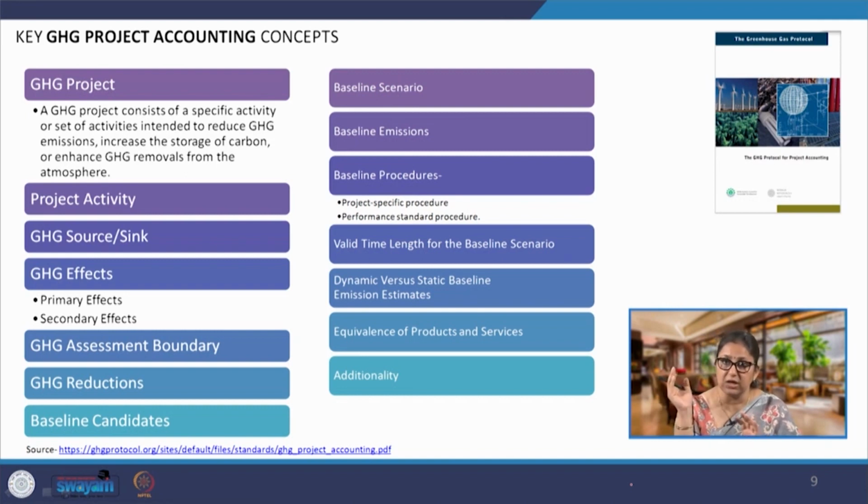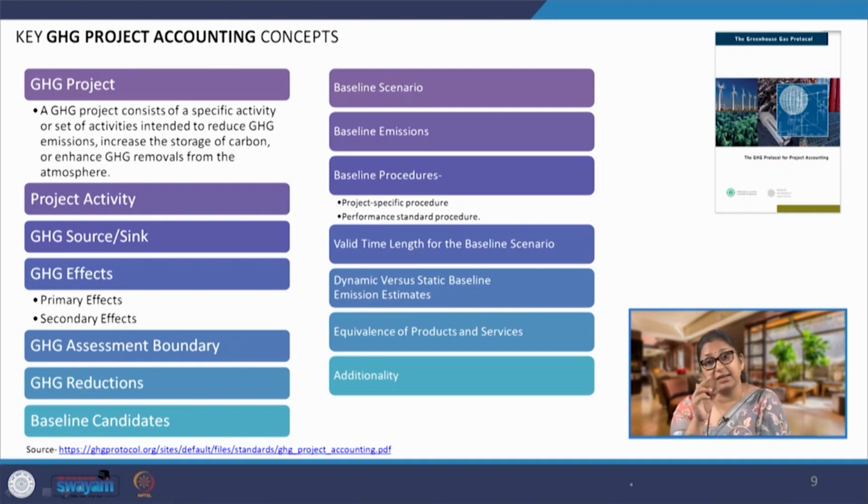This is acting as a sink, but if the project activity does not include Miyawaki as the proposed activity, the impact of this activity will not be accounted because it will remain constant in both the baseline as well as the reporting year. So, we have to identify all that is acting as a source or a sink of GHG emissions, and that is going to be accounted here.